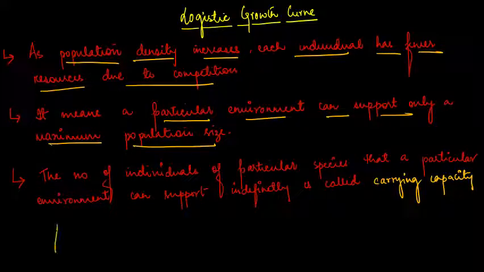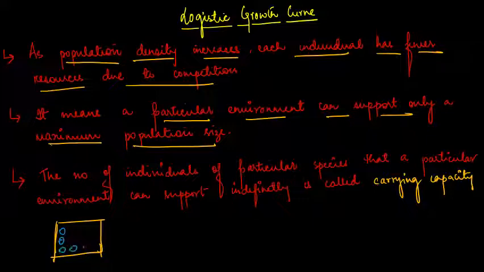This means what? Suppose this is a box here. Now, if I keep some balls like this, now you tell me, does this box have any space to add more balls? Suppose this had accommodated 50 balls. Now, do you think this box is having any other space to accommodate one or two balls? No. So this is what we call the carrying capacity of the box.